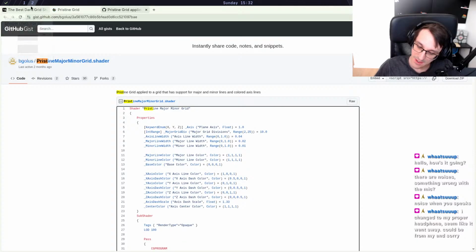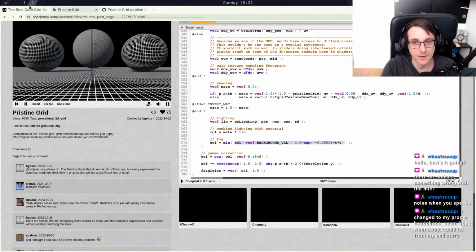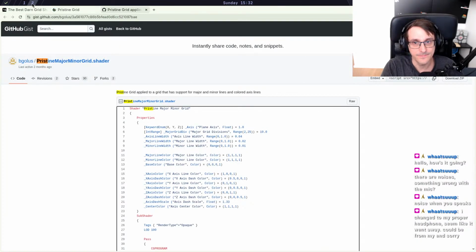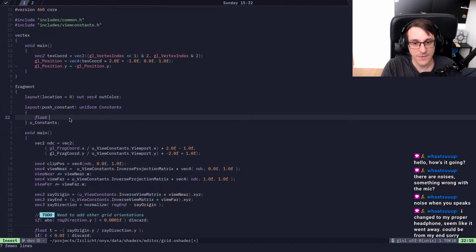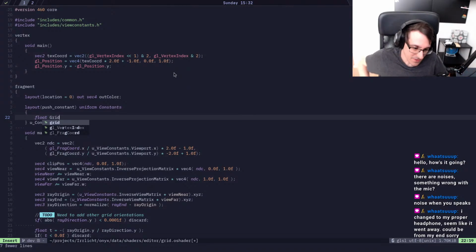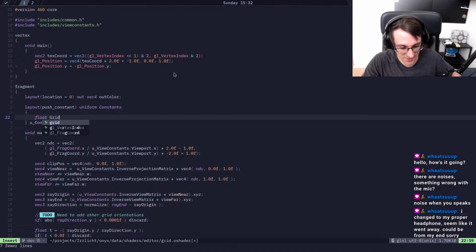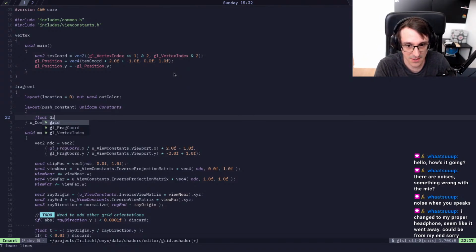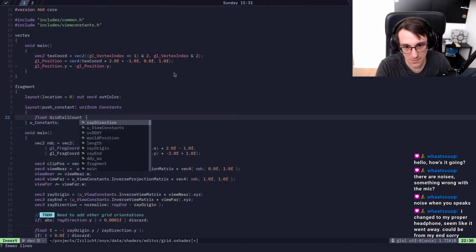It's basically how many cells are in one major cell is what that is. Maybe we do just grid size or cell count, grid cell count.